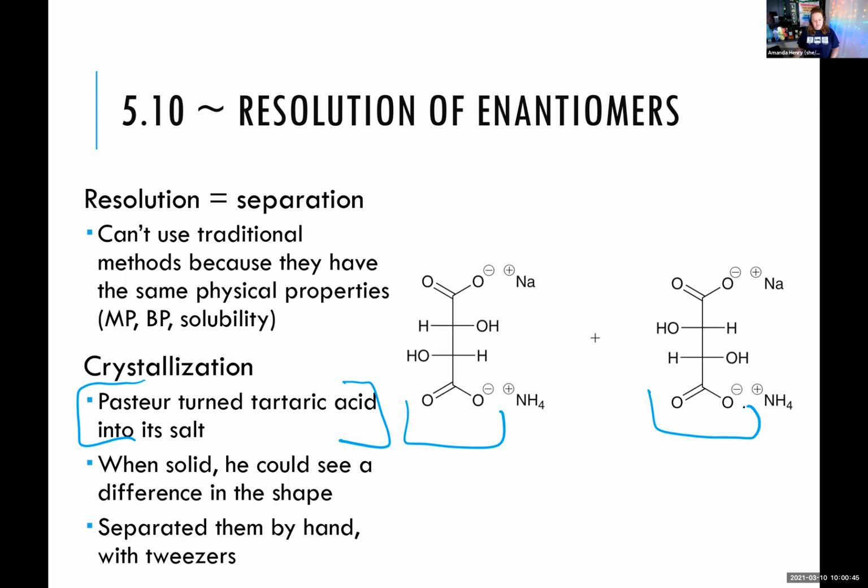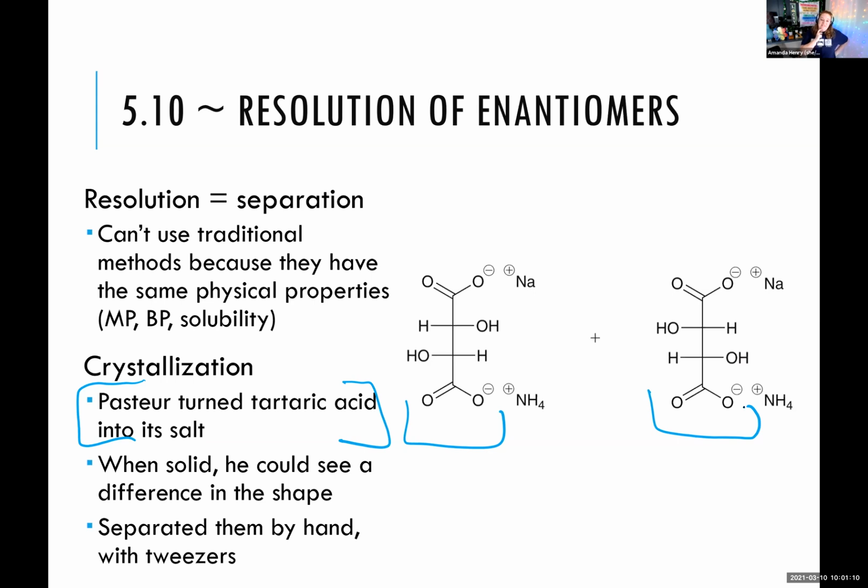Now, I think the way Pasteur did this is insane, but also we learned a lot from it. What he did is he looked at these crystals with a magnifying glass, and he could see a difference in their shape, like the way that the crystal needles were angled.